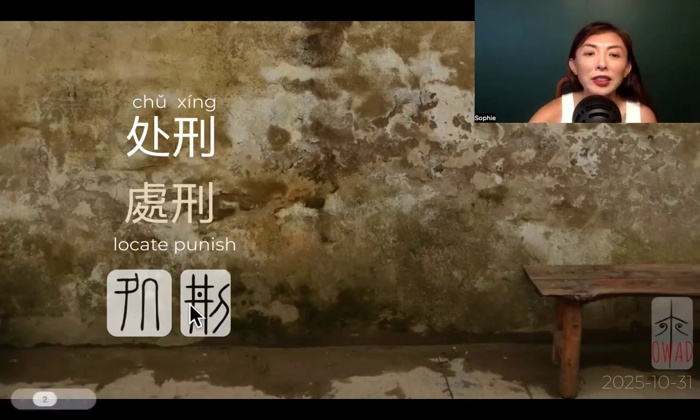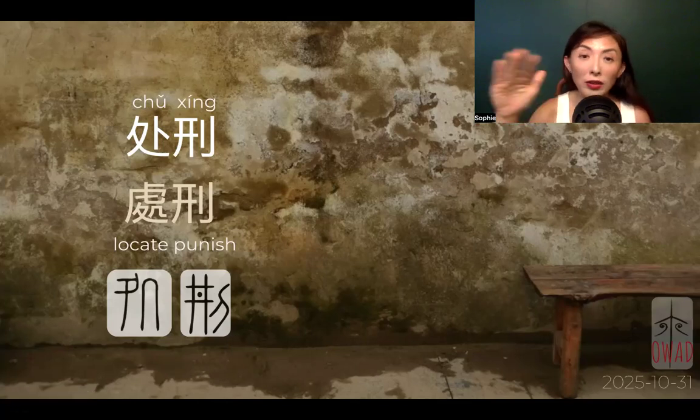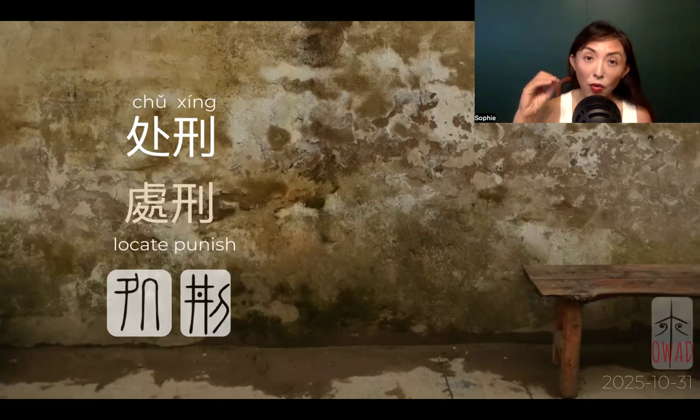形, we have 井, the well. How do Chinese express well? Basically, it's the pound sign on your phone. And then we have a dot in there. So Chinese, as an agrarian society, is very specific about how they allot land and how they allot water, because water is one of the major productive inputs for agriculture, right?